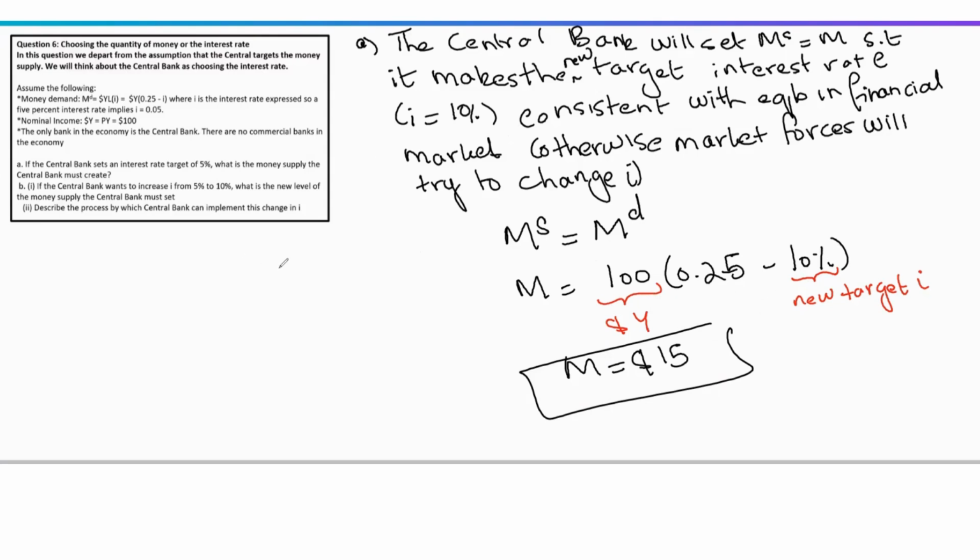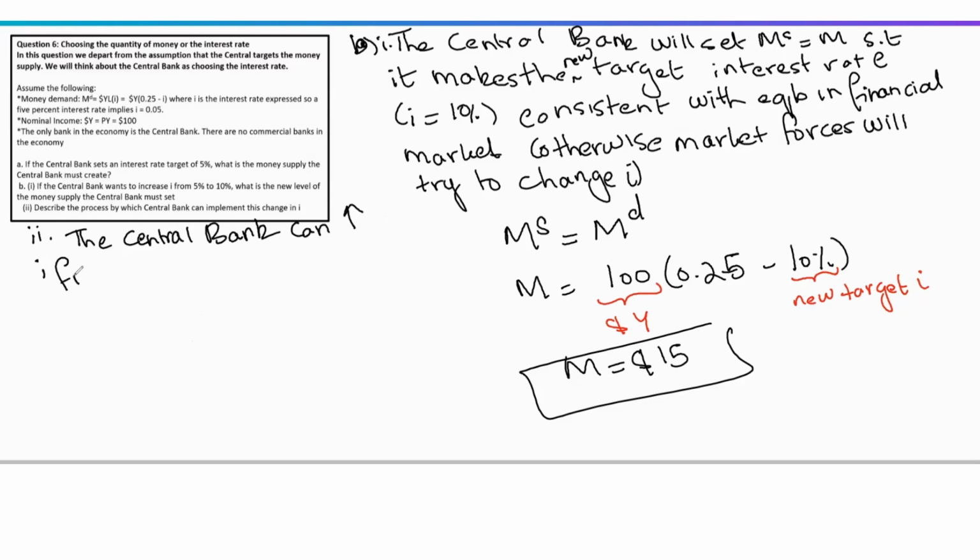Now the question asks us to explain, so this was part B, first part. Now the second part is to describe the process by which the central bank can implement this change in interest rate.